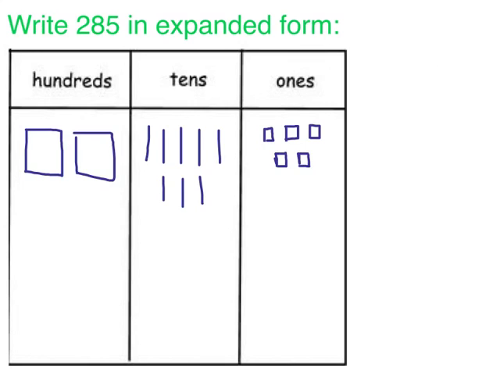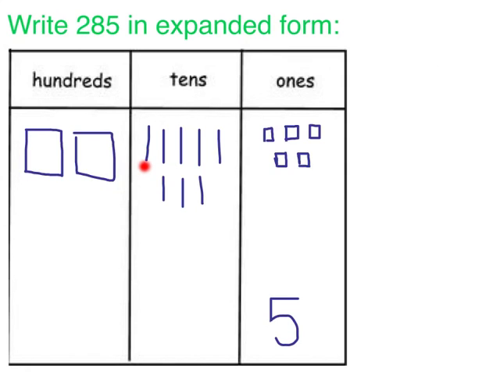The 5 in the ones place showed me 5 ones, so I'm going to count by 1. 1, 2, 3, 4, 5. The value of the 5 is just 5. Let's look at the 8 in the tens place. Each one of these sticks is worth 10.